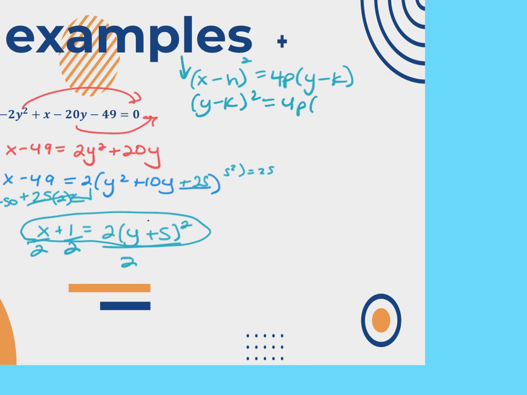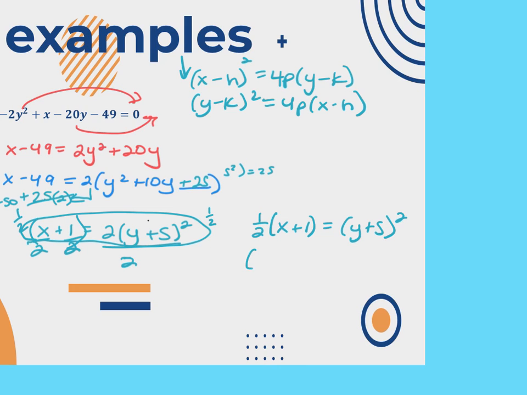Oh, x minus h. So I have to get rid of that too. But like I said, I don't want to divide both the x and the 1 by it. I want to actually multiply by 1/2 and put it on the front of this parentheses. So it would end up with 1/2 (x plus 1) equals (y plus 5) squared.